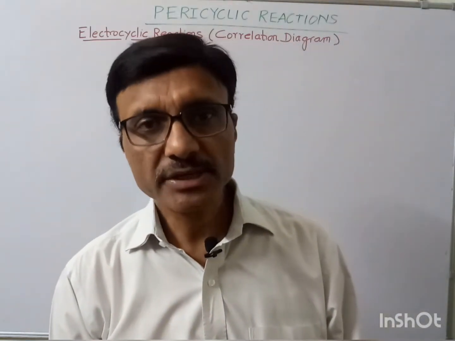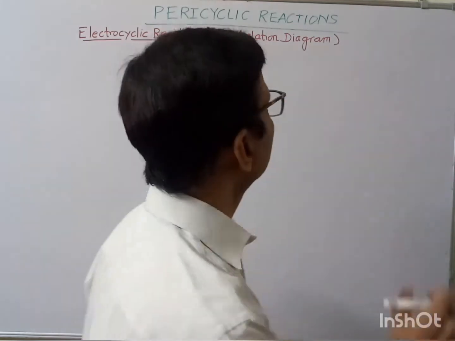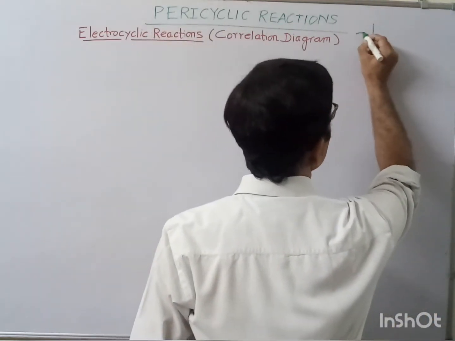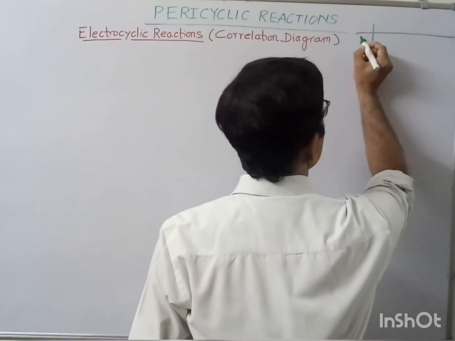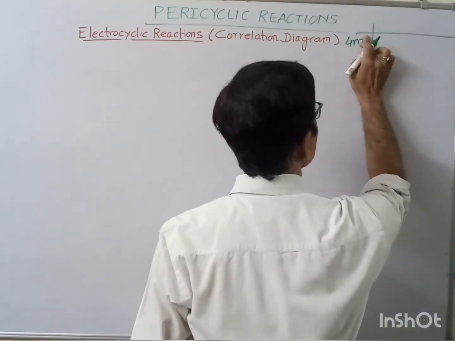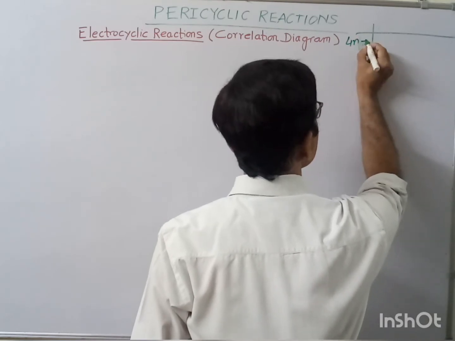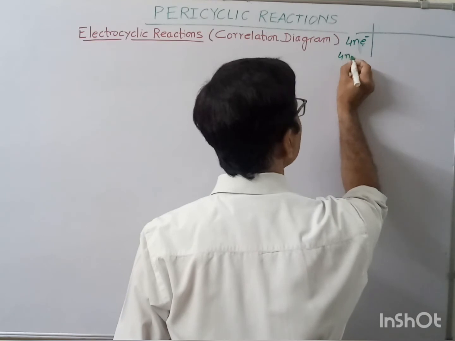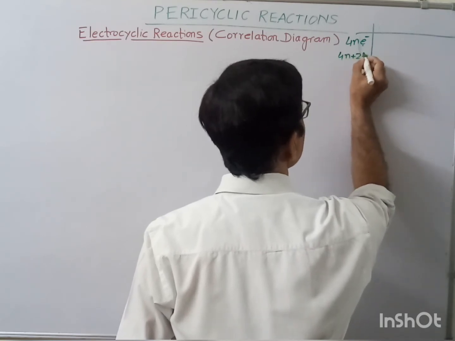In my last lecture, I told you the selection rule for this electrocyclic reaction. So this was the selection rule. Two types of systems we will analyze: one is the 4n electron system and another is the 4n plus 2 pi electron system.